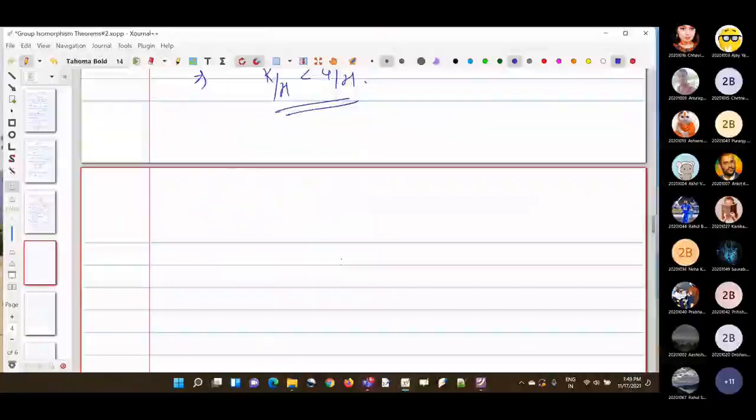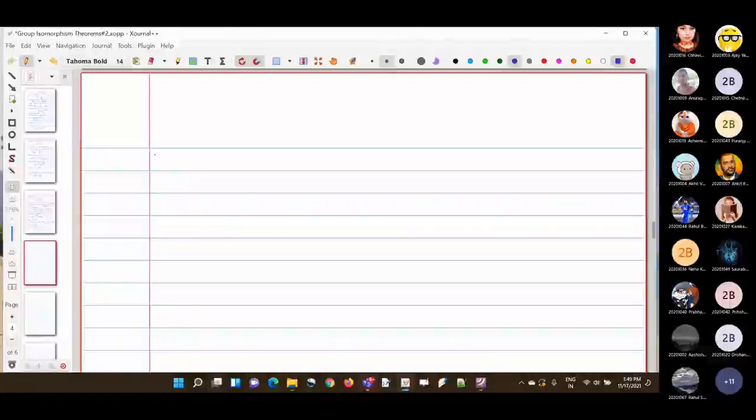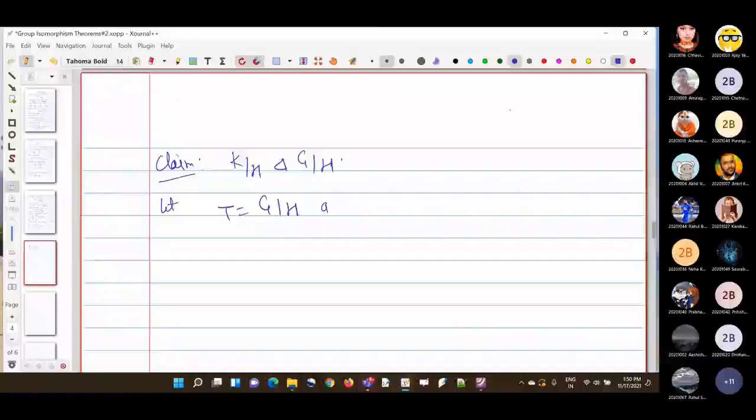Okay, let us prove that K by H is normal in G by H. Next claim, K by H is normal in G by H. Let T equal Hg, an element of G by H. Okay, to prove H is normal in G, what do we need to prove?